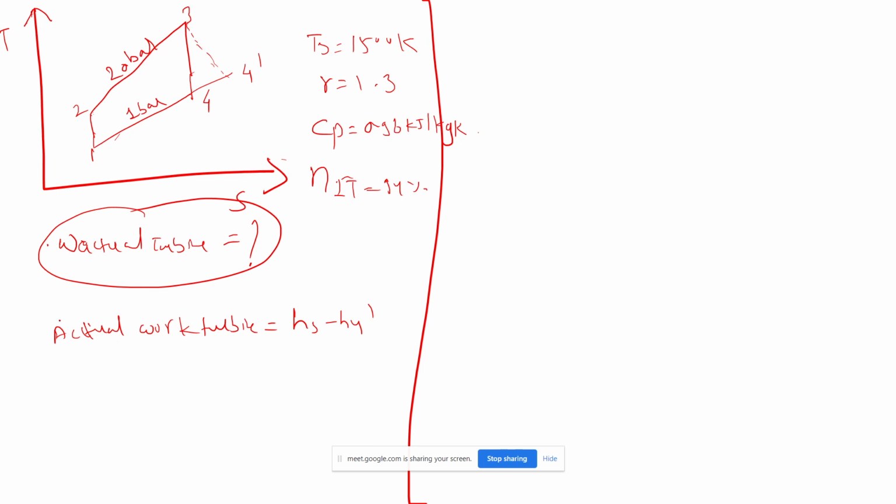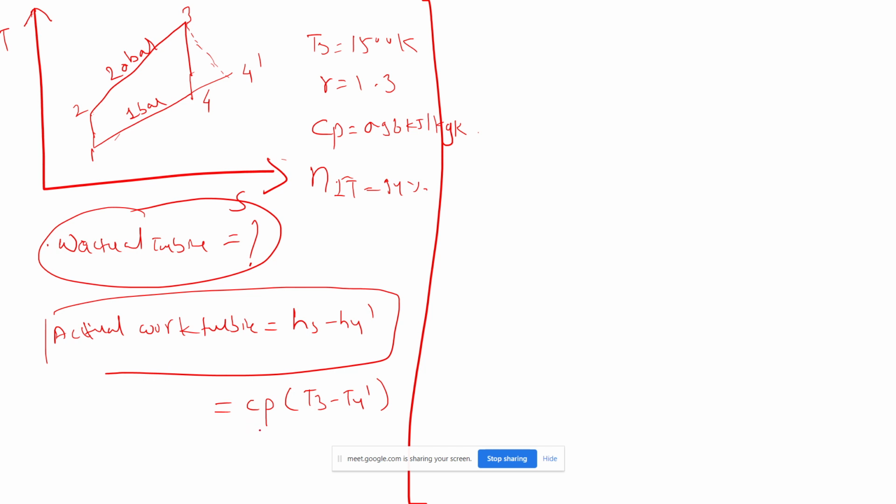For that we need to find the temperature T4 dash, because T3 we already have. So we get Cp into T3 minus T4 dash. Cp is 0.98, T3 is 1500 Kelvin, minus T4 dash.